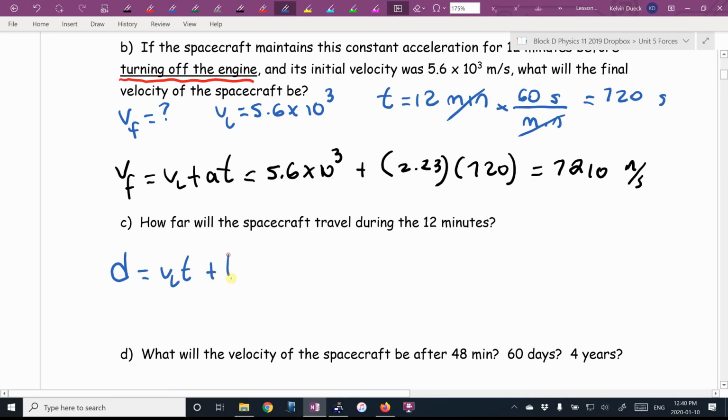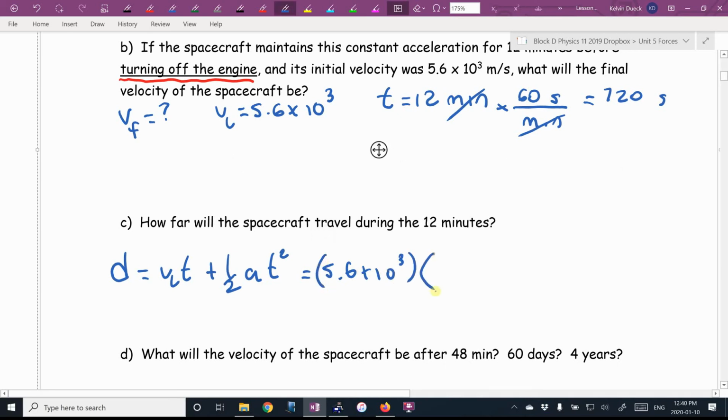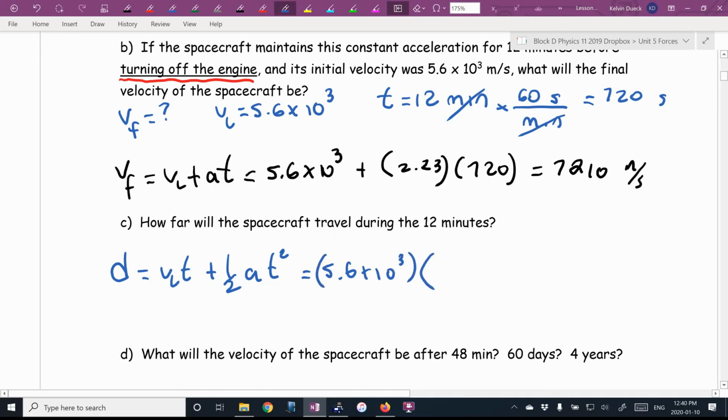VIT plus a half AT squared. VI, 5.6 times 10 to the third. T, 720, plus 0.5, 2.23, 720 squared.